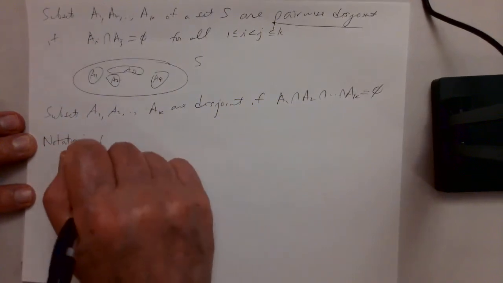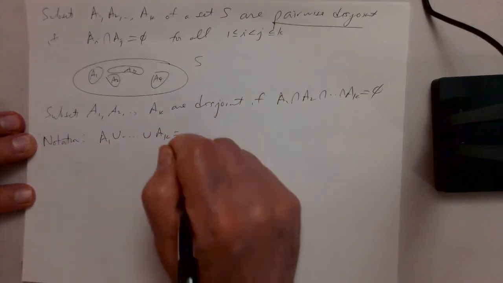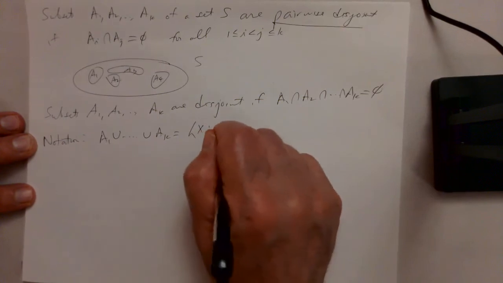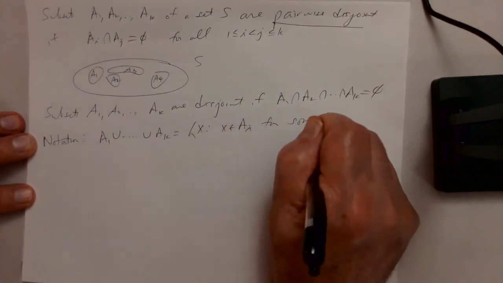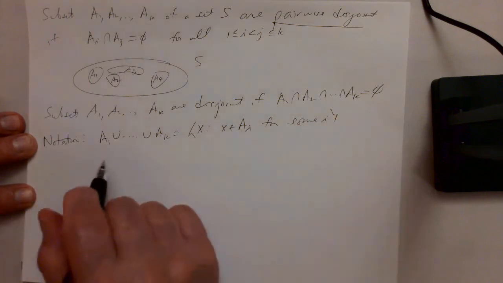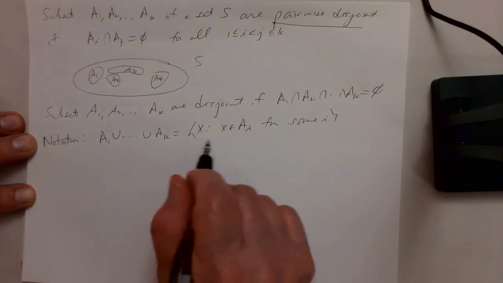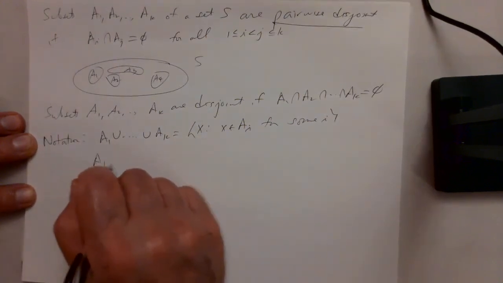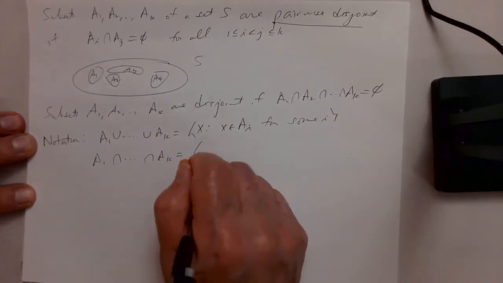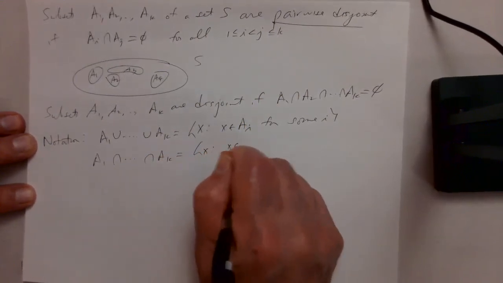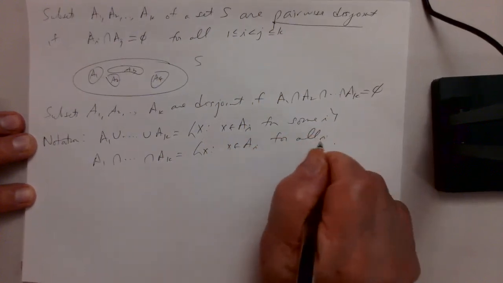If we have k sets, the union of the k sets is the set of all x such that x is in A_i for some i. Could be more than one, but any element which is in at least one of these sets is in the union. And the intersection of this finite family of sets is all x such that x is in the ith set for all i.